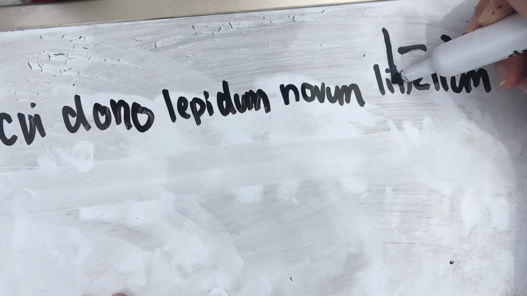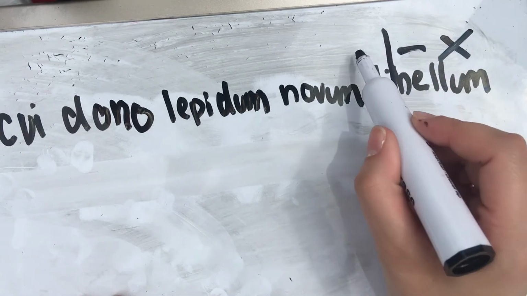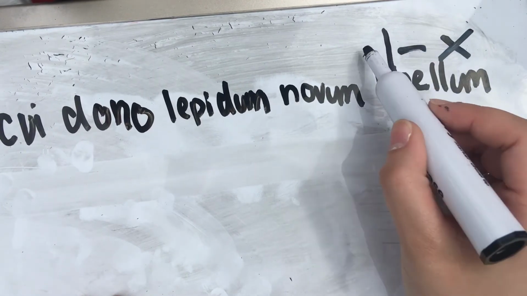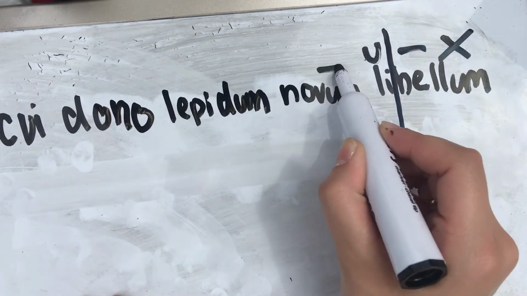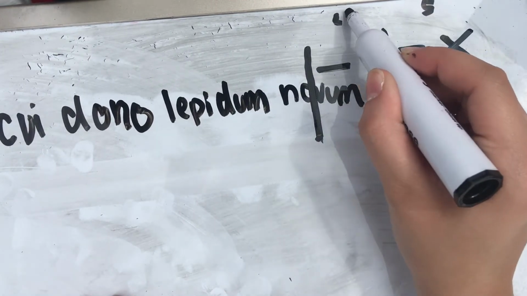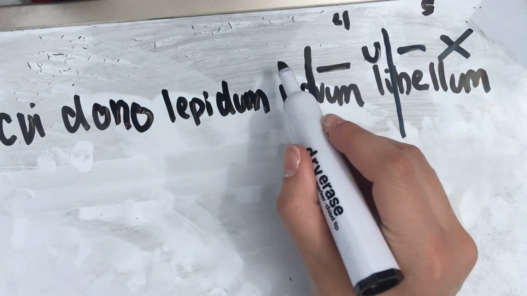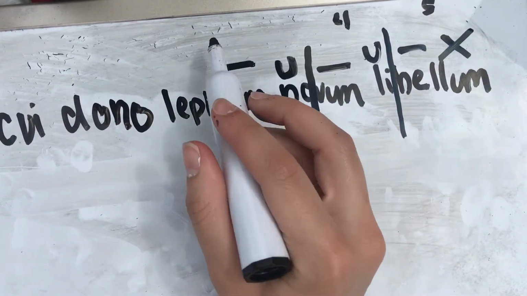So that's our first, the 5th foot, I guess. And then the next thing is short long, so li, bel. That's the 4th. And for our 3rd, if you remember, it's short and long, so no, vum.